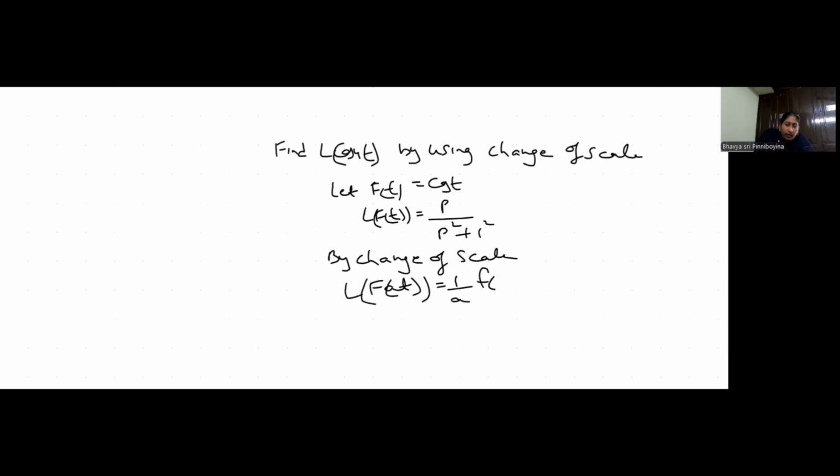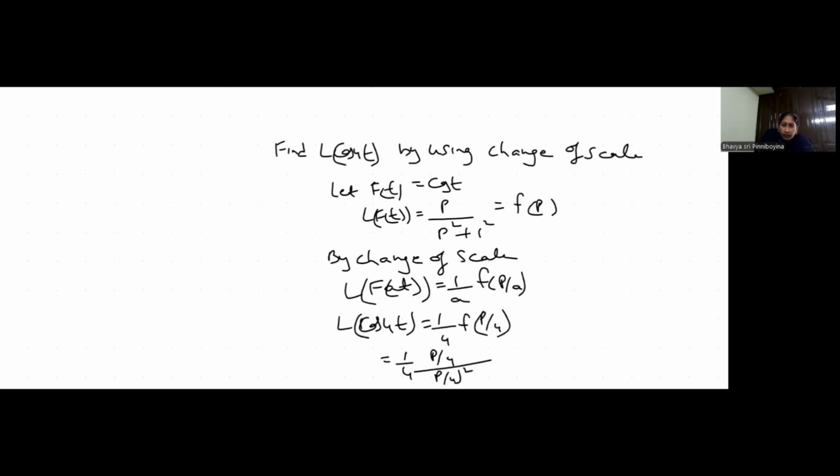That is Laplace of cos 4t is equal to 1 by 4 into f of p by 4. Here f of p is p by p square plus 1. So that is 1 by 4 into p by 4 divided by p by 4 whole square plus 1.